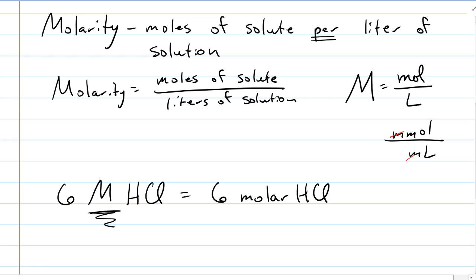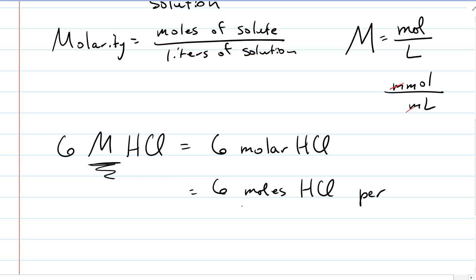So it's read 6 molar HCl, or 6 molar hydrochloric acid. And what this means is that there are 6 moles of hydrochloric acid per liter of solution. And again, we don't read it as 6 molarity HCl, we read it as 6 molar HCl.